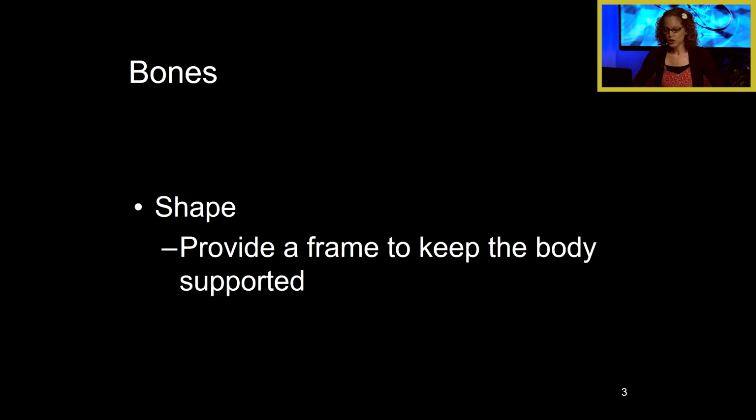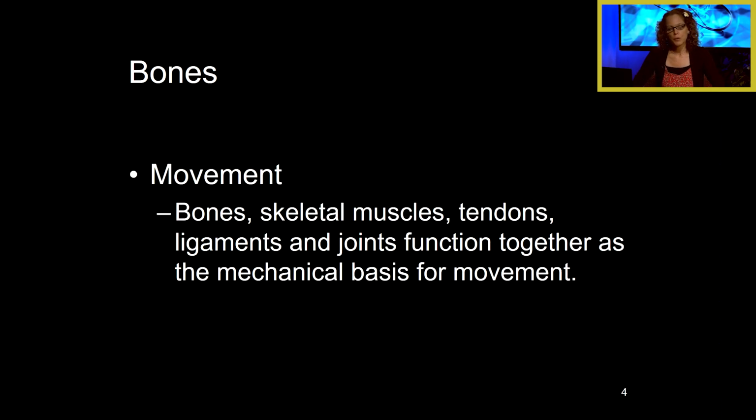The bones provide shape to our frame to keep our body supported, and also for movement, right? So our bones and skeletal muscles and tendons and ligaments and joints all function together as a mechanical basis for movement.